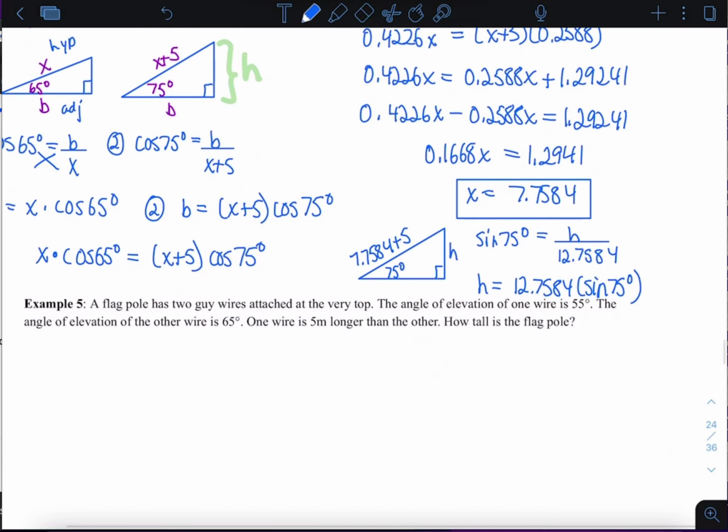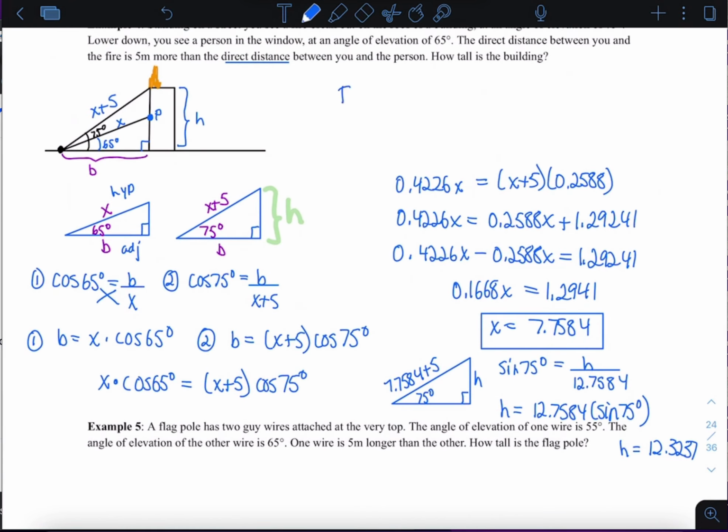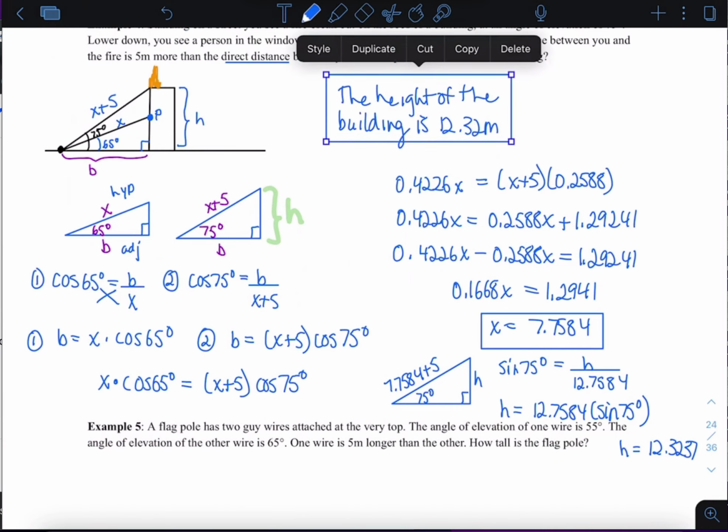And we actually get that h is 12.3237. So somewhere here I can say that the height of the building is 12.32 meters. Nice. Okay, we've got one more.